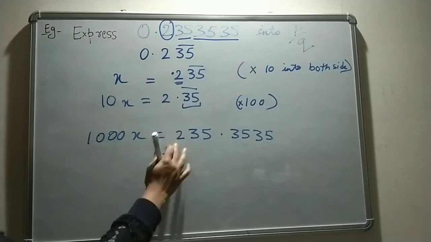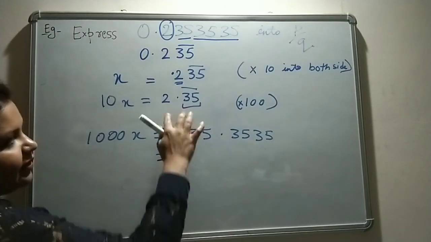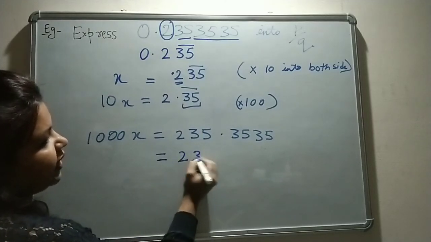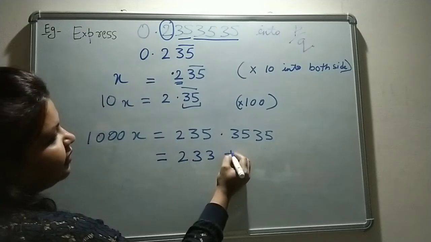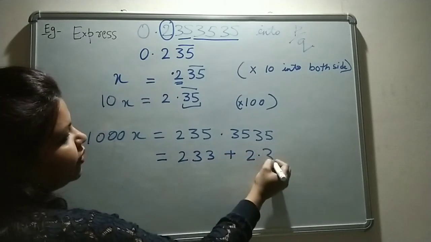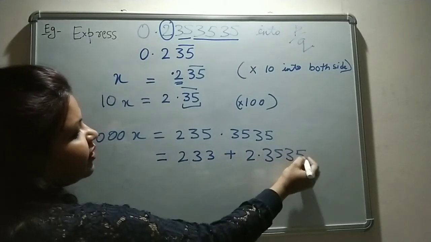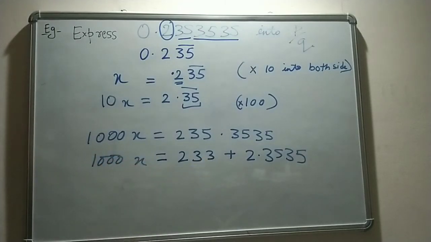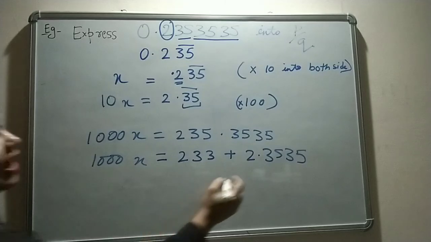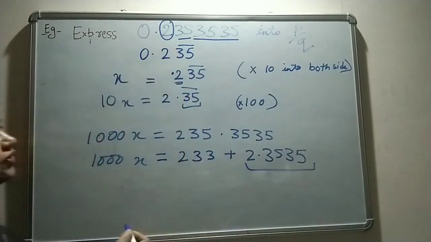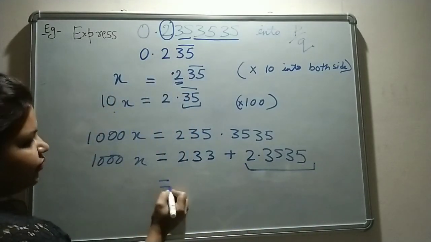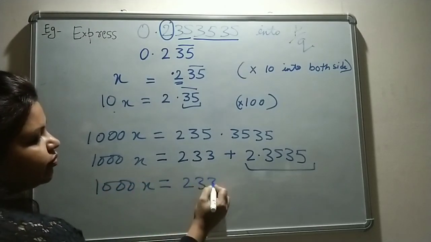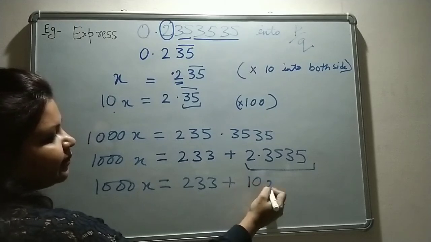We subtract 235 from it, so the value we get is 233 plus 2.3535. So 1000x equals 233 plus 2.353535, and 2.353535 is 10x. So 1000x equals 233 plus 10x.